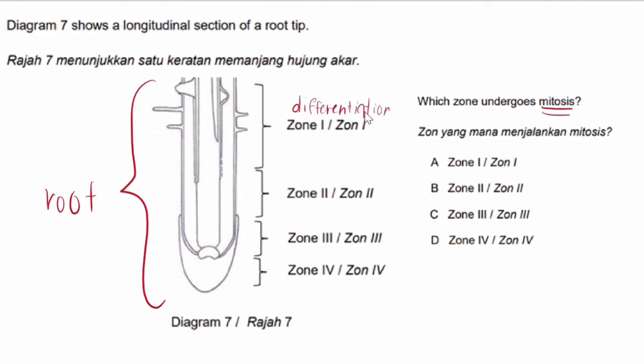The zone in the middle is the zone of cell elongation, and the zone at the bottom is the zone of cell division. So, the zone where cells undergo mitosis would be, yes, the zone of cell division. Therefore, the answer is C.